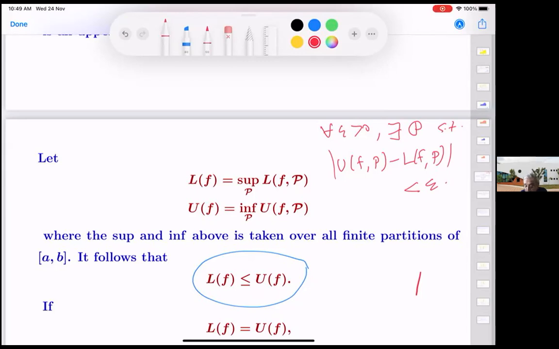This we will prove. It's not obvious, but it is something we will prove. Because your question was about how, in an example, you go about proving it. Taking the supremum over all partitions may sometimes be fine, but it's not always easy to get hold of what the supremum will be. So this is a good solution: if you can get the upper and lower bounds reasonably close to each other, and for every epsilon such a P exists, then LF equals UF.